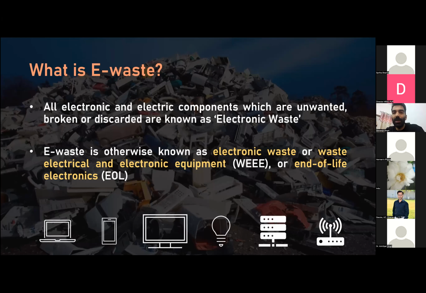If you keep it in your house, it will just keep lying there as e-waste. E-waste is also known as electronic waste, waste electrical and electronic equipment, or end of life electronics. All three names are used interchangeably. In different countries, different notations are used, but the basic idea is the same.